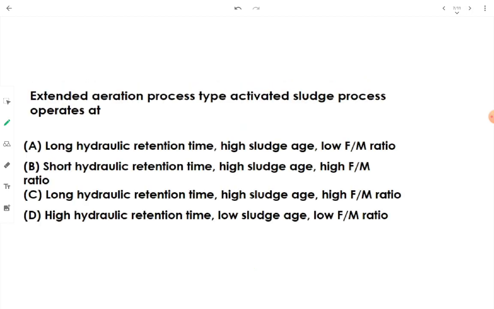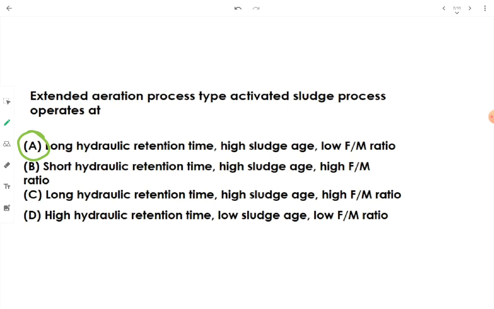Then the extended aeration type activated sludge process operates at long hydraulic retention time, that is long HRT, high sludge age and low F by M ratio. Option A is the one. About the extended aeration process type, it is easy to operate.